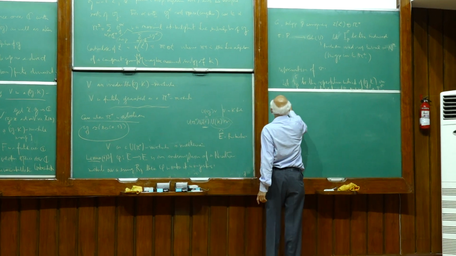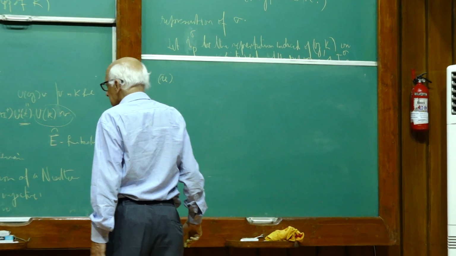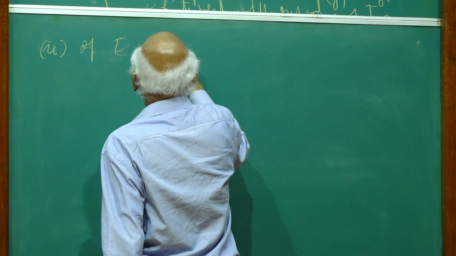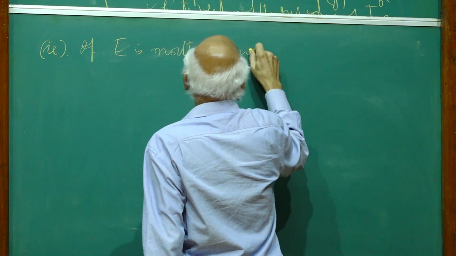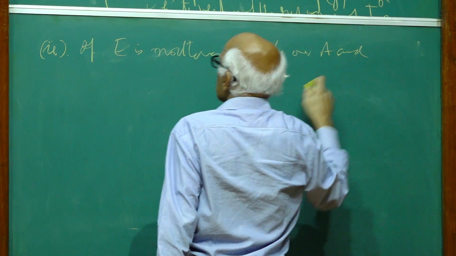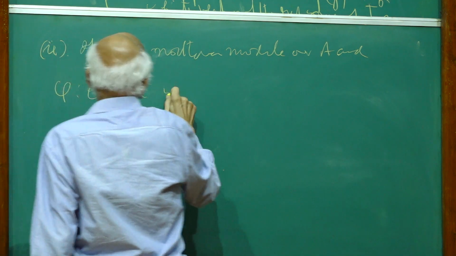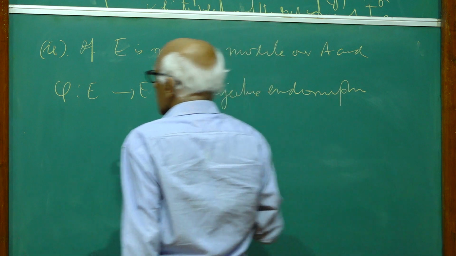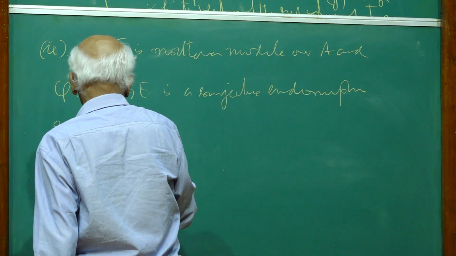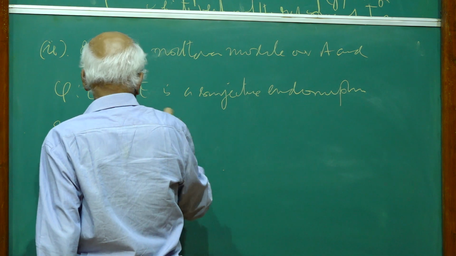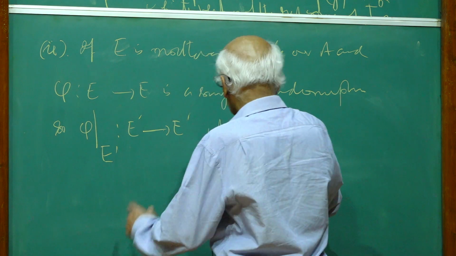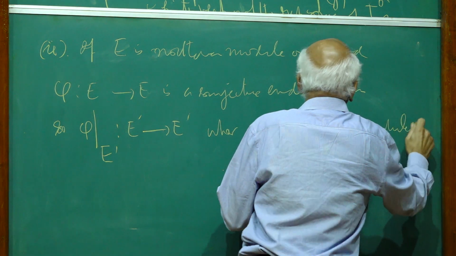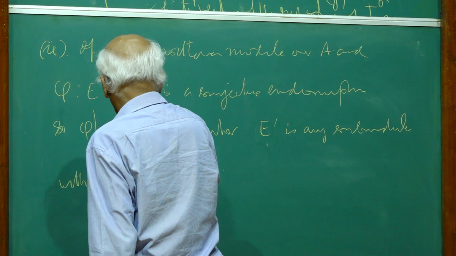And the second statement is the following. If E is a Noetherian module over A, and phi from E to E is a surjective endomorphism, so is phi restricted to E prime, if E prime is any submodule with phi of E prime contained in E prime.